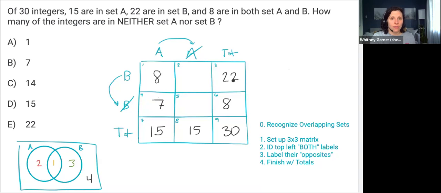If there are 8 on this side, that would imply 14 because 8 plus 14 is 22. And this difference here in either direction would be 1. The question is asking for neither, which puts me right here. And my correct answer is A.